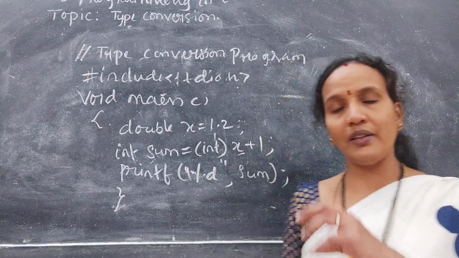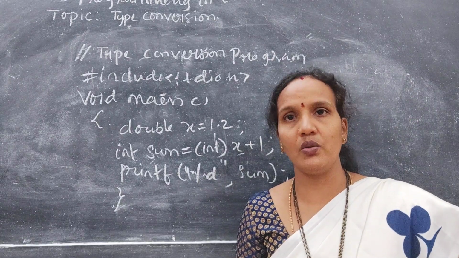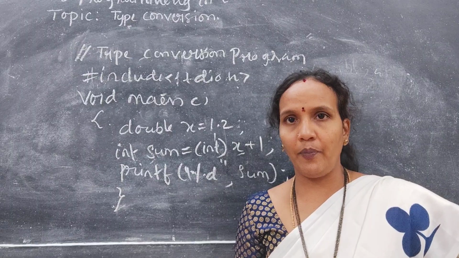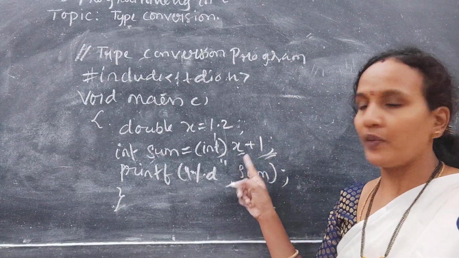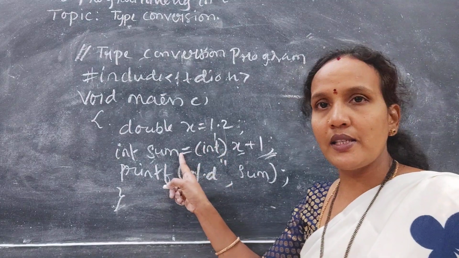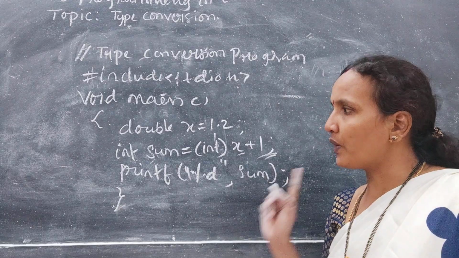Okay. So whatever value you want to convert, first that is converted into the target data type. Then whatever value you want to add, that will be added. Next, the result is stored in sum. Finally, we are printing the resultant variable. Okay. Take a screenshot of this.